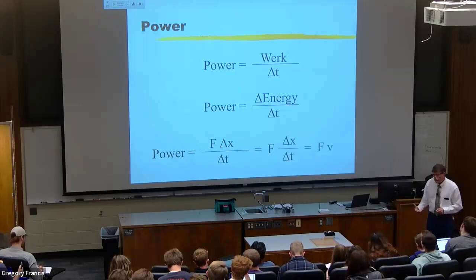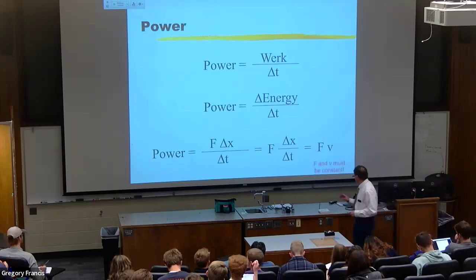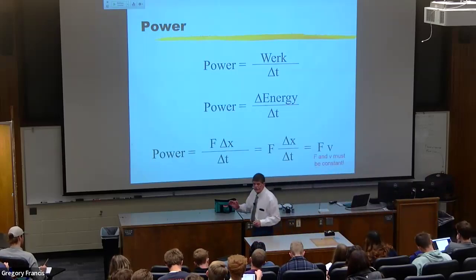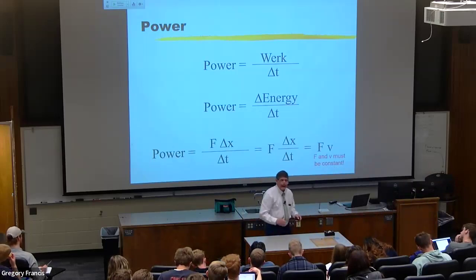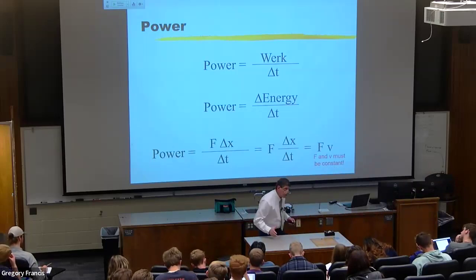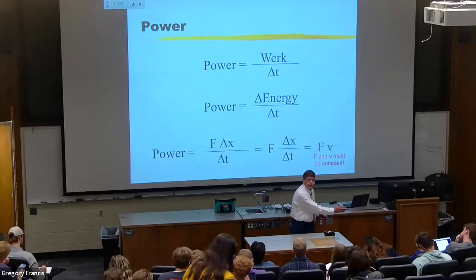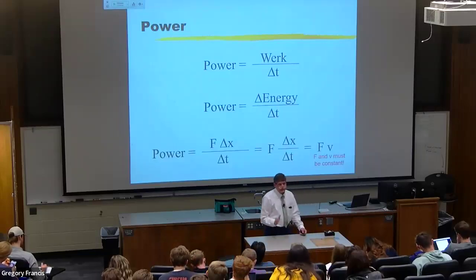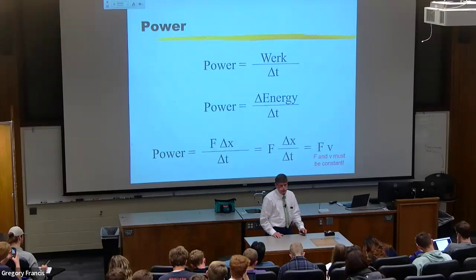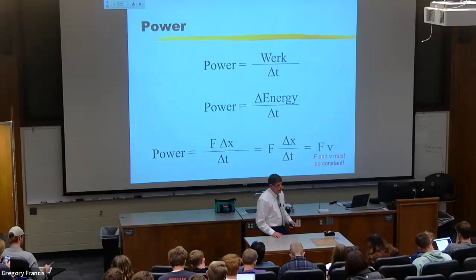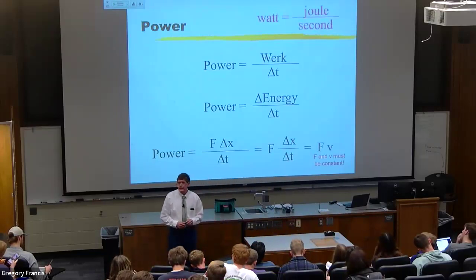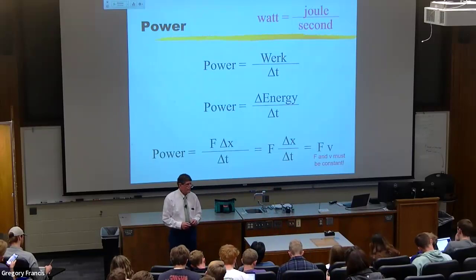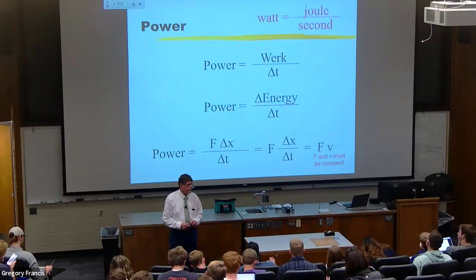And so another formula in the special case where F is constant, 50 newtons, and the velocity is constant, 4 meters per second. In that case, you can just multiply the 2 together to get the power. Okay? And the units of power are watts. That's a watt is 1 joule for each second.